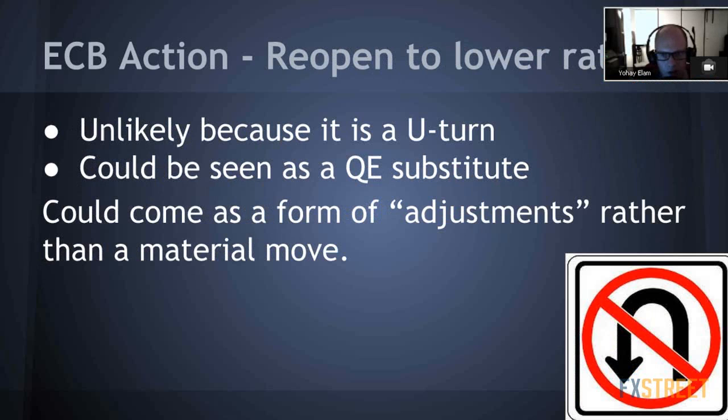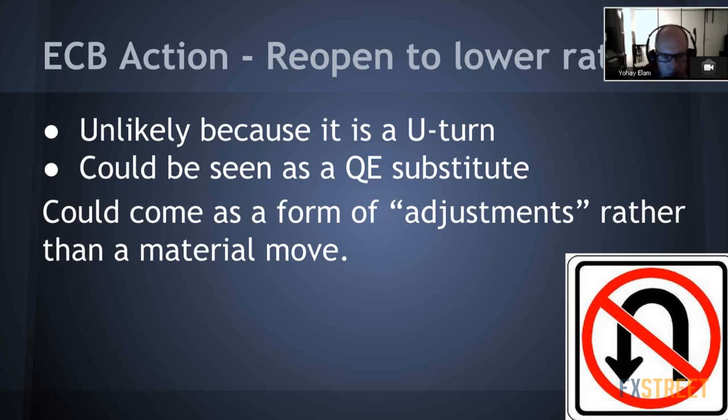The third option is to reopen the door to lower rates. It seems a bit unlikely because it would be a U-turn from what they said in June, and only 2 months have passed since then. And it could also boomerang as a substitute for quantitative easing. If you cut the rates even deeper, it means you're not going to do QE.